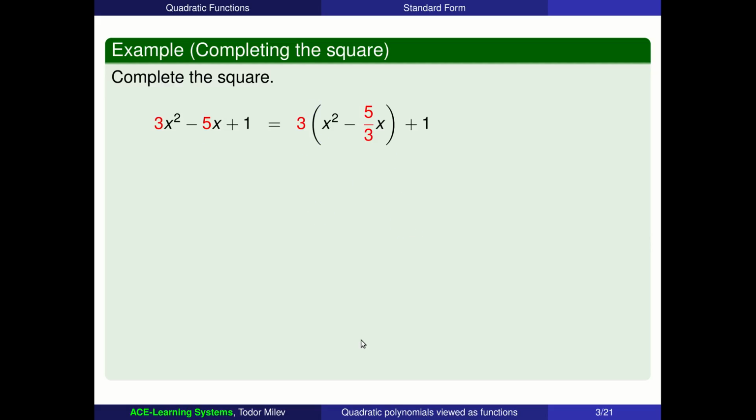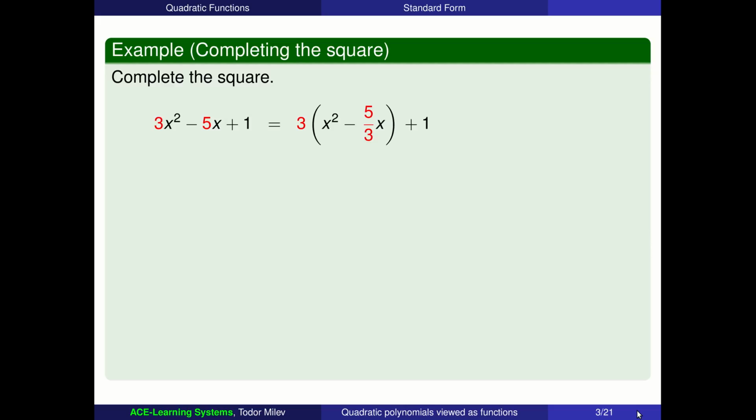Now you're going to say, how did I know to put 5/3 there? What I did was simply I took, say, the number 5 as the number A, the number 3 as the number B, and what you see here is A over B. So you always take the coefficient in front of x, and the coefficient in front of x squared, and you divide the two numbers, and you get 5/3.